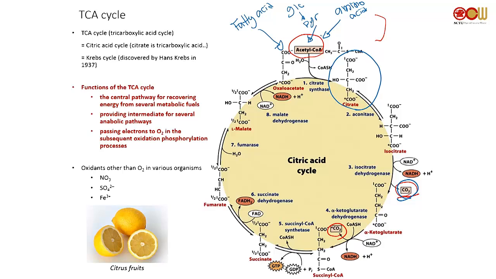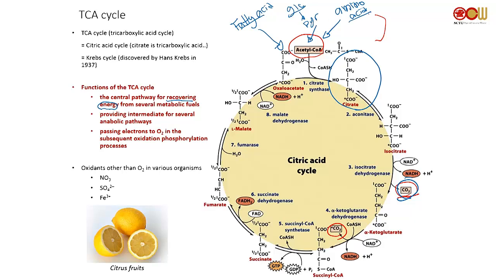So a lot of things will converge to acetyl-CoA, the end product of a lot of these degradation pathways. This acetyl-CoA can then be oxidized completely to generate NADH. That's what recovering the energy means: the energy stored in fatty acid, in glucose, in amino acids.